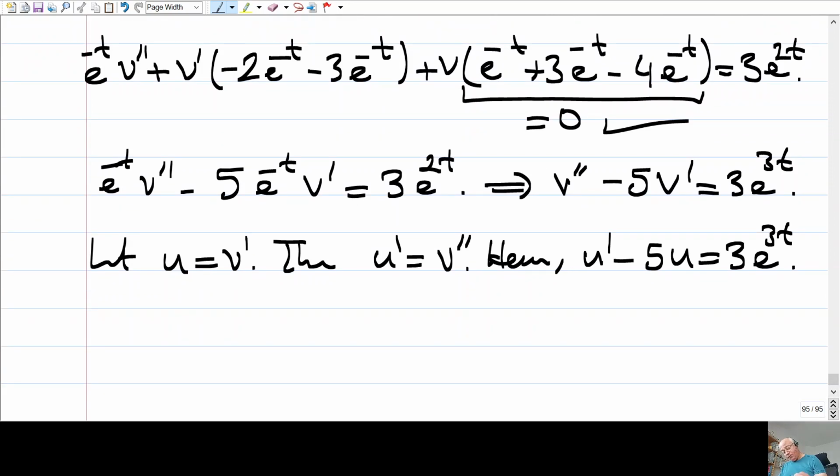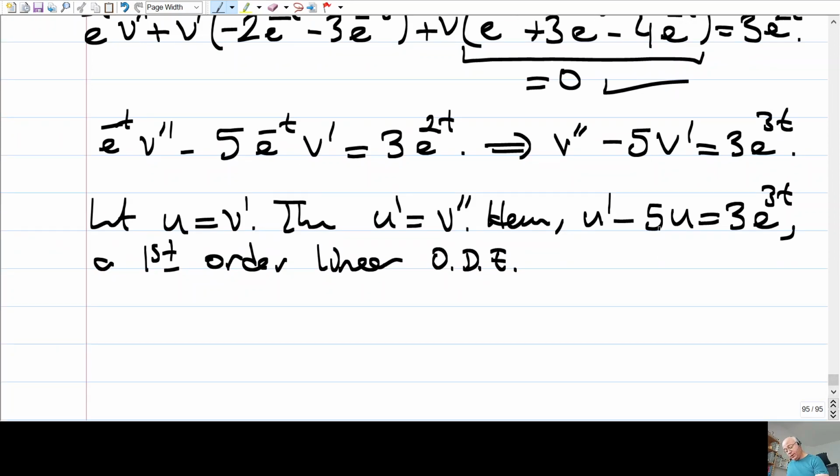Well, this is a first order linear ordinary differential equation, right?